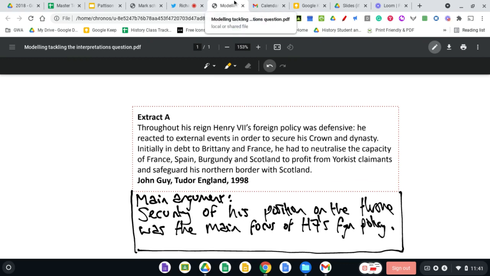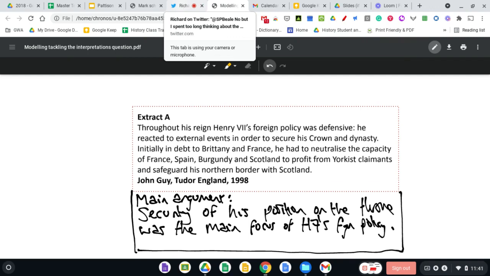Okay, so quite clearly we know that this is what he was trying to achieve. Above all, that's certainly what John Guy is communicating. So we've got our headline, we've got our main overall idea.